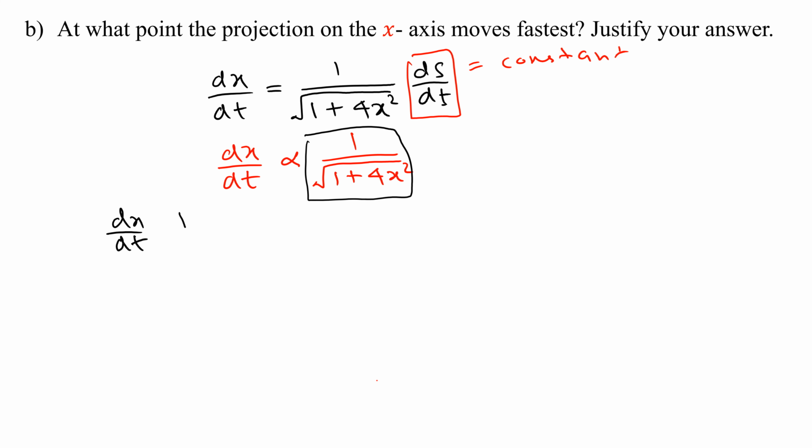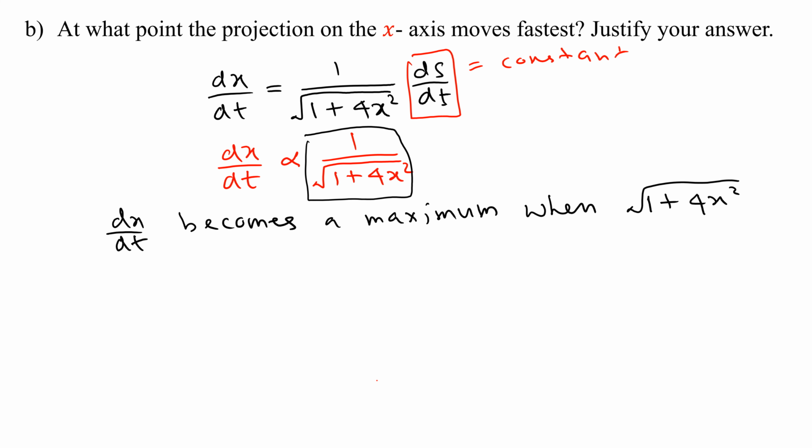dx over dt becomes a maximum when 1 plus 4x squared becomes a minimum, because it is in the denominator.